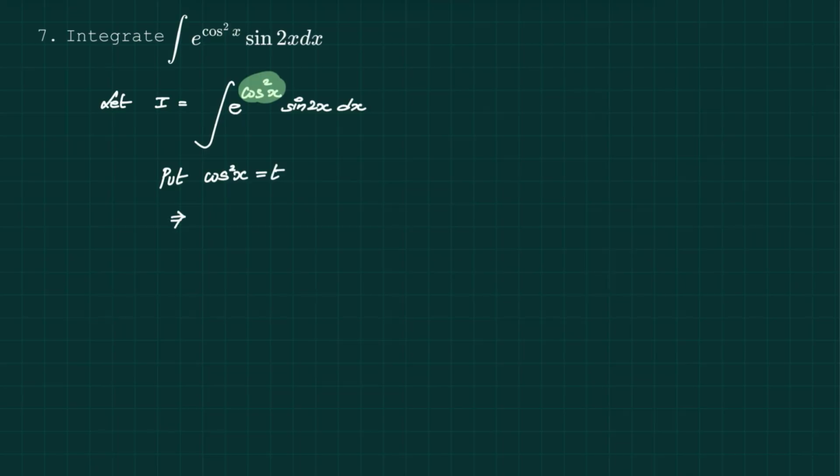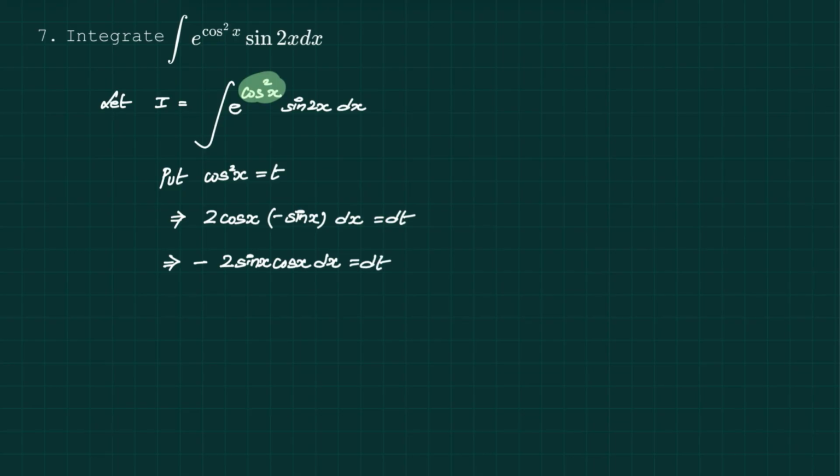Now differentiating cos square x, we will first get 2 cos x, and again differentiating cos x using chain rule, it will be minus sin x into dx equals to dt. So here this minus 2 sin x cos x dx equals to dt.